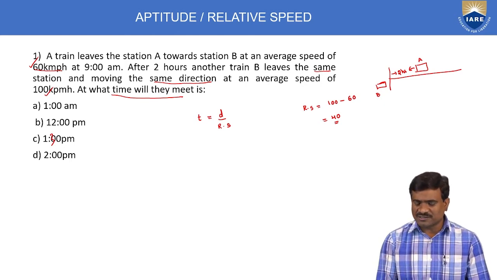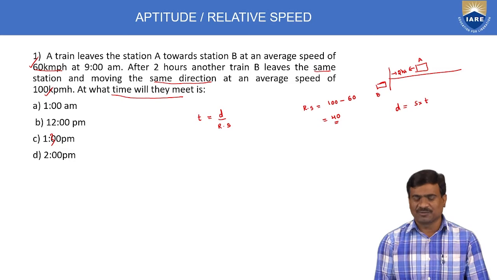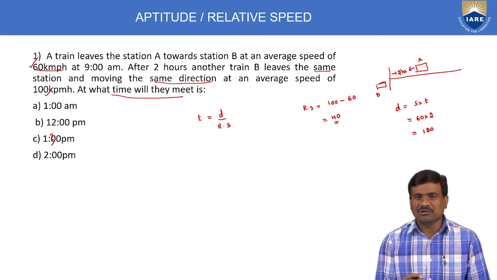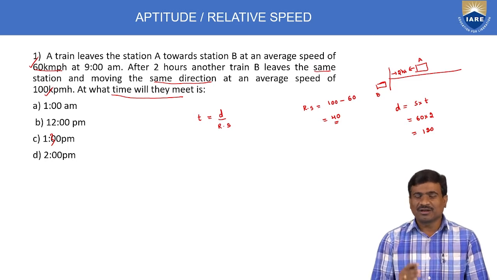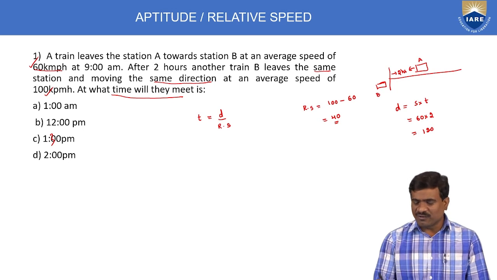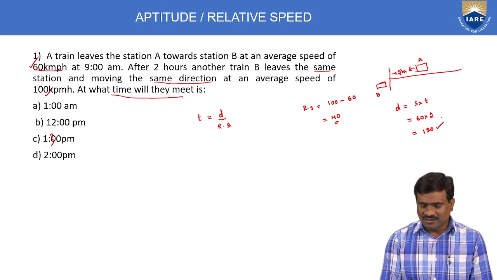Therefore, the distance covered by A in 2 hours: distance is equal to speed into time. A's speed is 60 km per hour, time 2, so 60 into 2 is 120. The distance between A and B is 120 kilometers. We want only the distance.